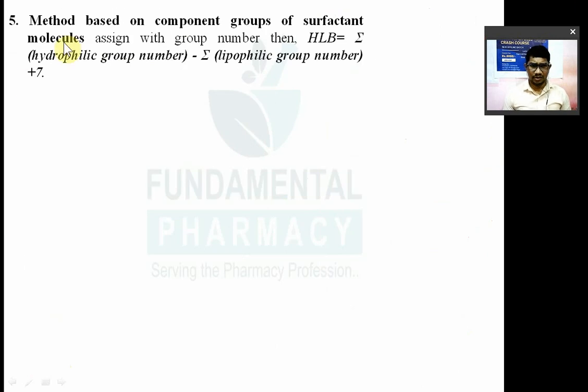Another method is there, a question has come on this too: the method based upon the component groups of the surfactant molecule.